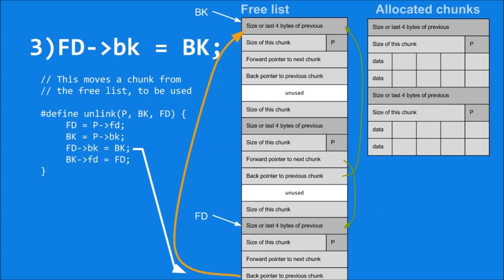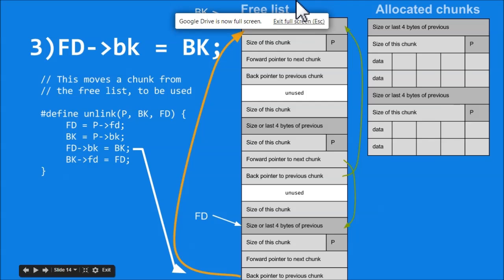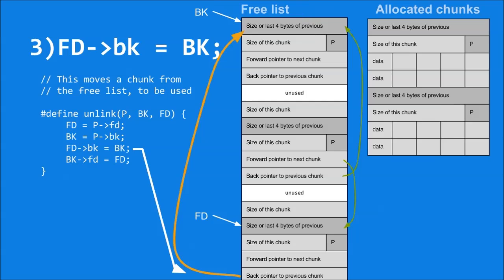So this struct has an offset for the back pointer, and it's setting the back pointer to be what is temporarily being used as the previous chunk to P. So what this is doing is taking the back pointer in the next chunk and saying, now your previous chunk is the one before me, because I'm going away to be used.